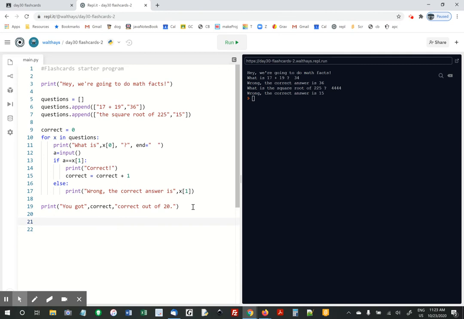And optionally, if you wanted to give them some sort of custom advice, you could say if correct greater than 15, say pretty good, you got correct out of 20 correct.